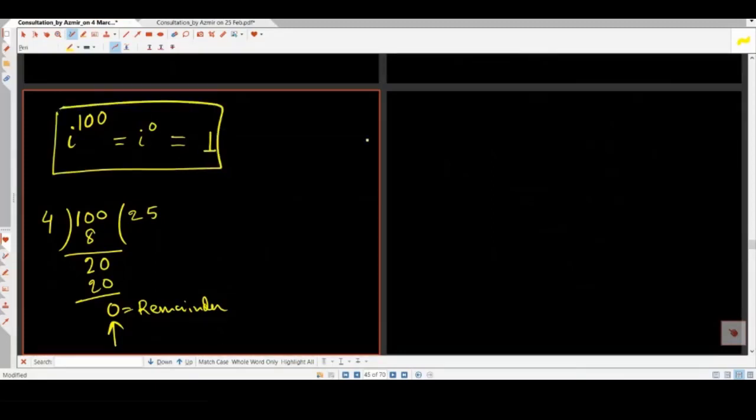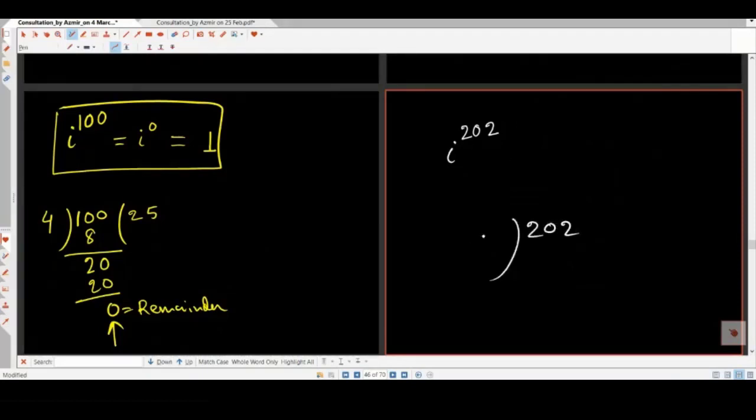Similarly, let's do another calculation. Suppose we have i power 202. We want to figure out the value for i power 202. Again, the power that you have should be divided by 4. Let us do the calculation. 50 times 4 is 200, and we have the remainder 2.